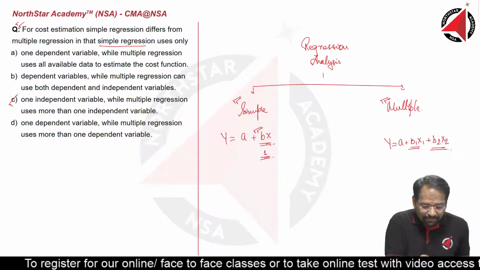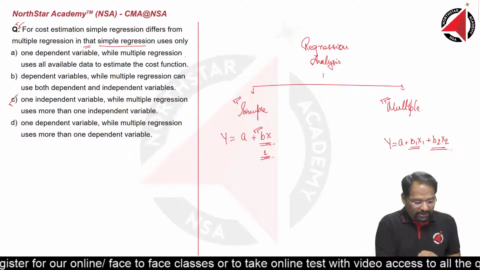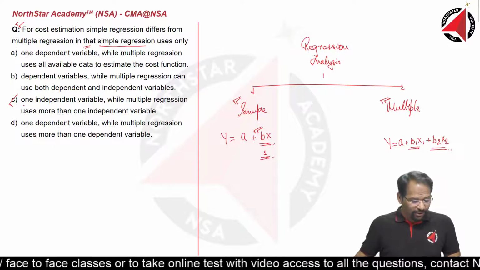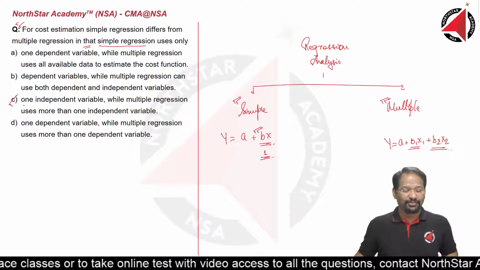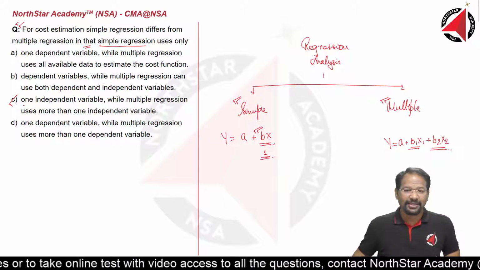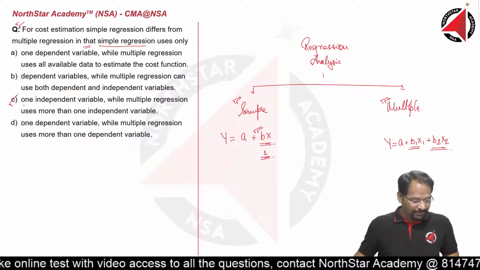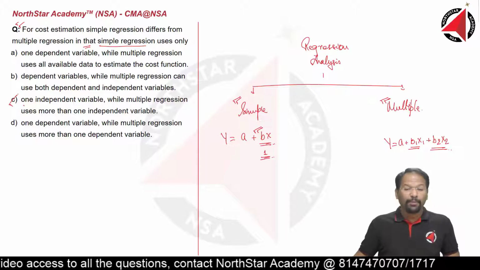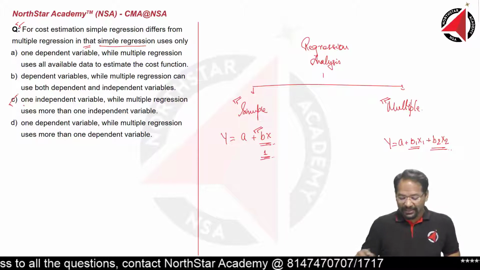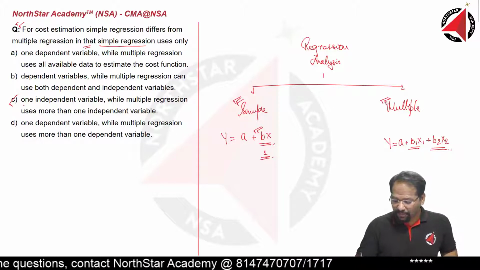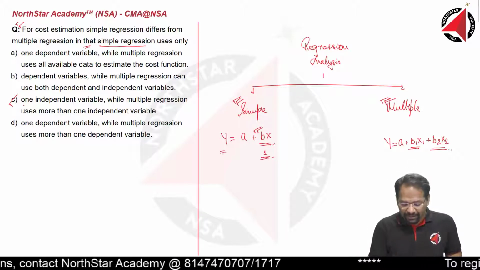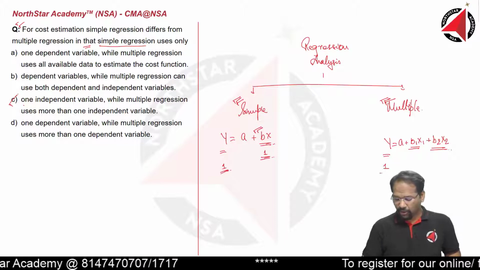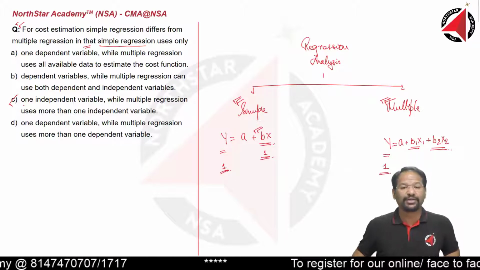So, simple regression uses only one independent variable, while multiple regression uses more than one independent variable. So the correct option is option C. Let's look at the other option, option D. One dependent variable, while multiple regression uses more than one dependent variable. Whether it is simple regression analysis or multiple regression analysis, the dependent variable in both cases is always going to be one. So option D is also an incorrect option.